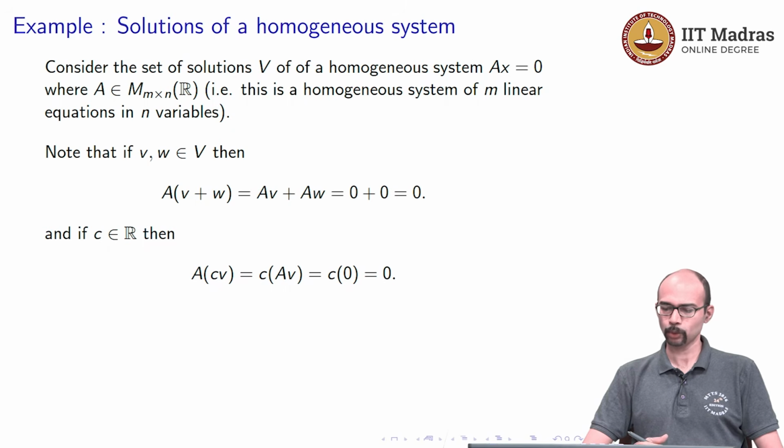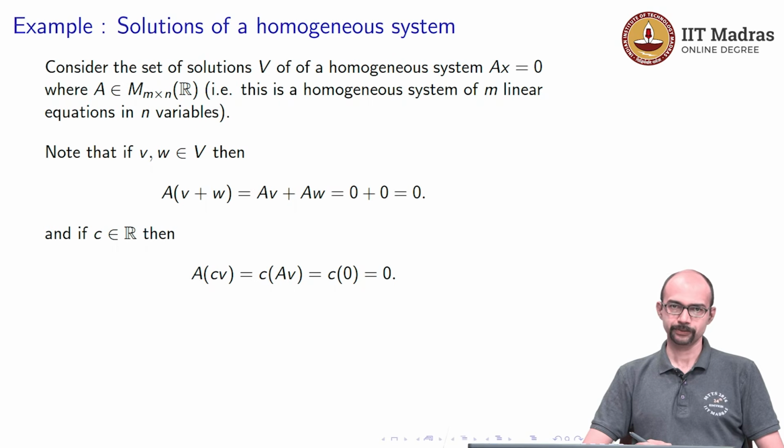You can check this if you are unsure. Basically, you can write this as c times the identity matrix of size n by n, and then you can move it to the other side of A and write it as c times the identity matrix of size m by m. That is one way, or you could just directly do this by checking the multiplication.